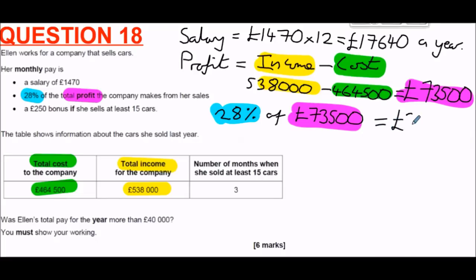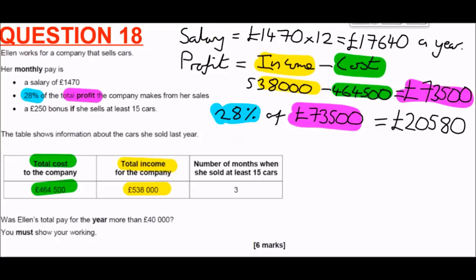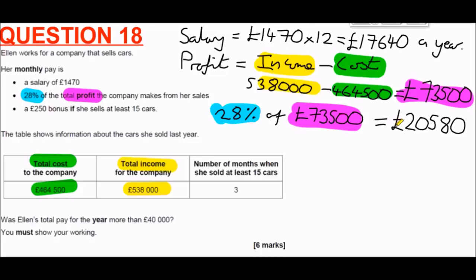So £20,580. And so that's the percentage of the profit which gets added to her pay, 20,580. So just adding this bit on here as well, I think in a lovely blue colour this time, dark blue.